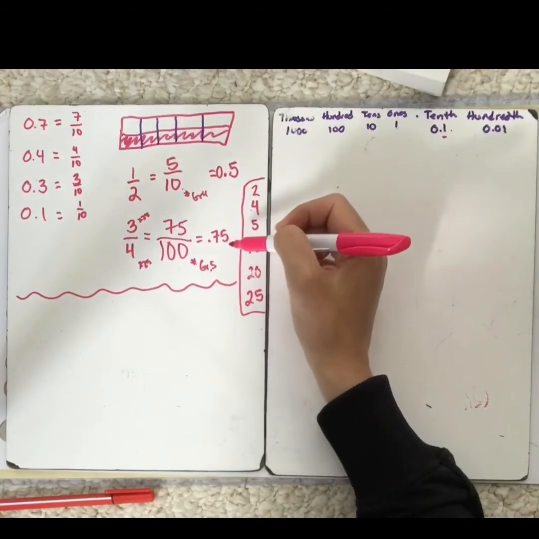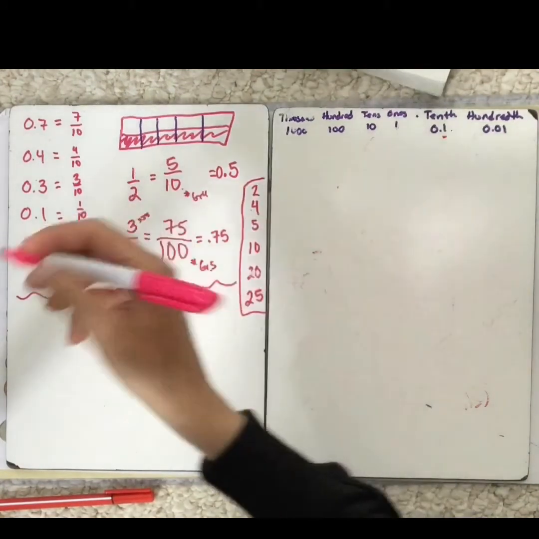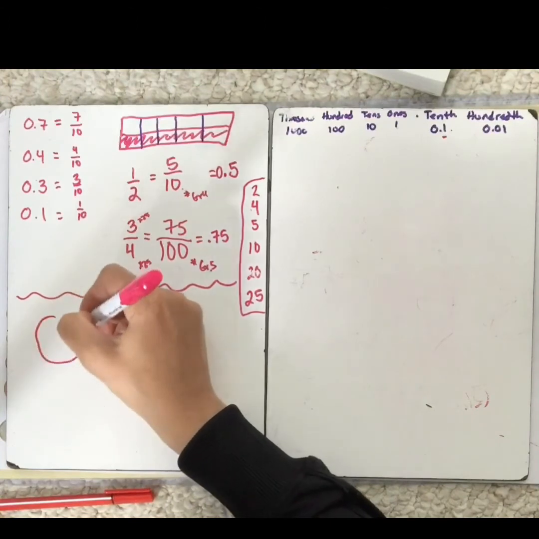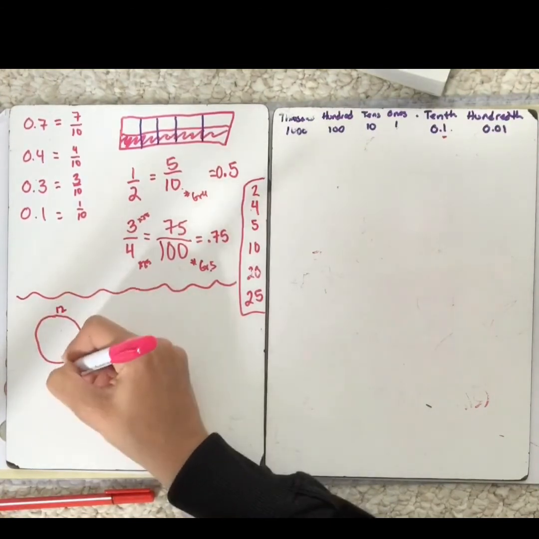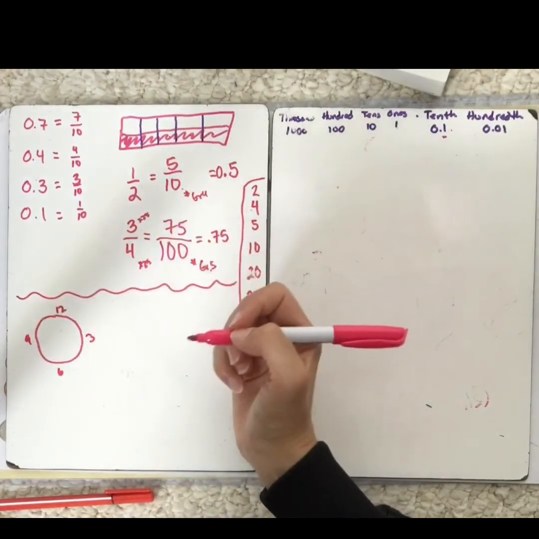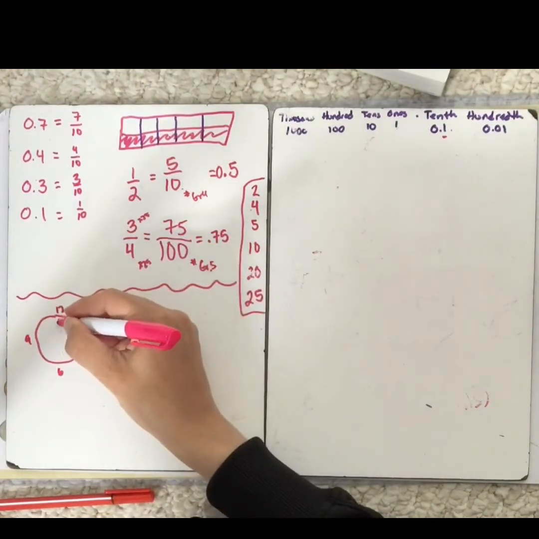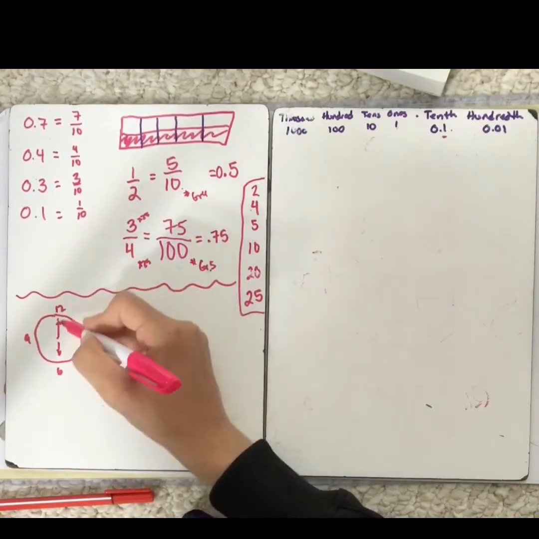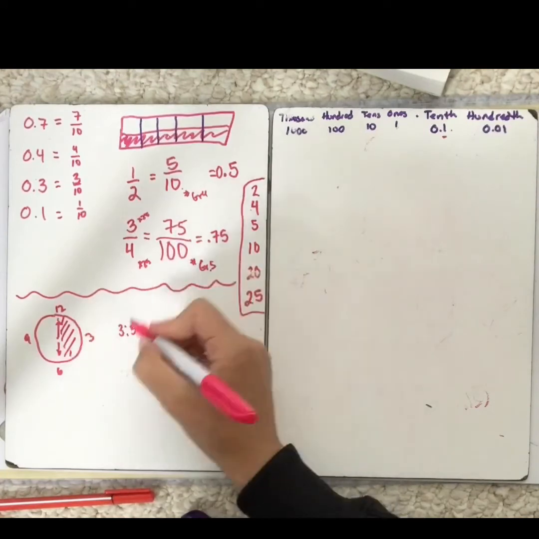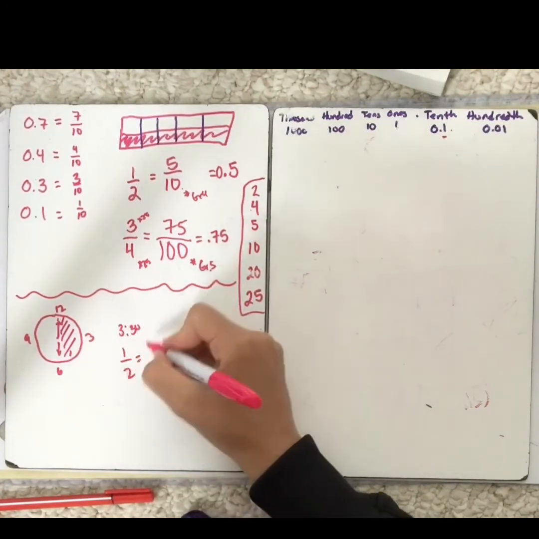Now, fractions is not only money, and I want you to think about if we had a clock, and if we had half of the clock, or if it was a half past, and let's say it was 3:30, right? Half our clock. How many minutes is a half?